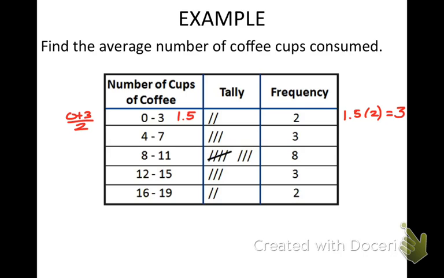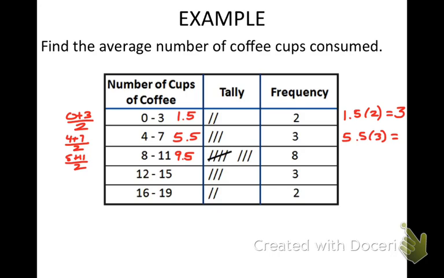4 plus 7 divided by 2. So half of 11 is 5.5. So then I would take 5.5 and multiply that by 3. 8 plus 11 is 19. What's half of 19? 9.5, right?